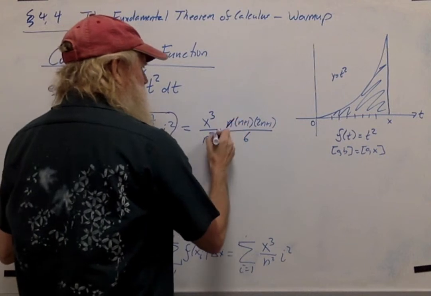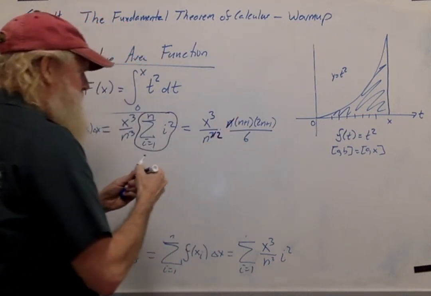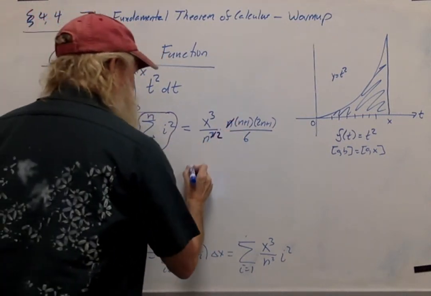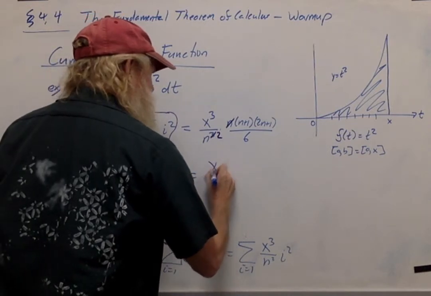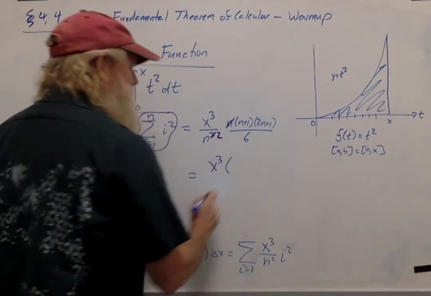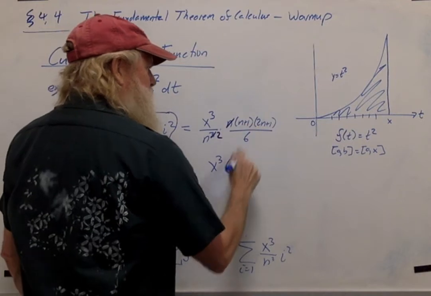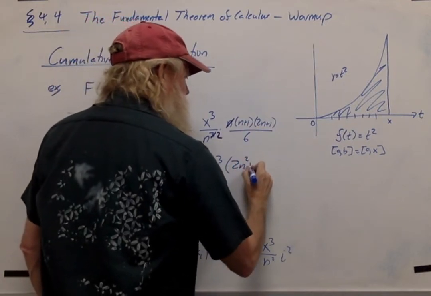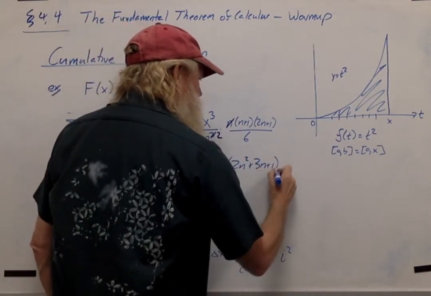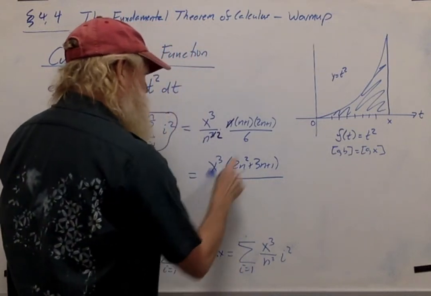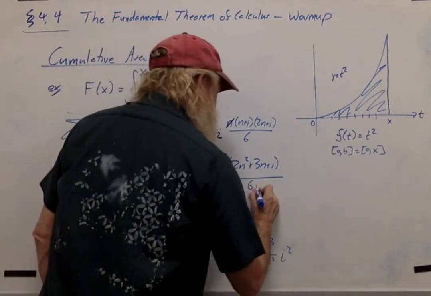We can simplify by canceling an n to get x cubed times 2n squared plus 3n plus 1 all over 6n squared.